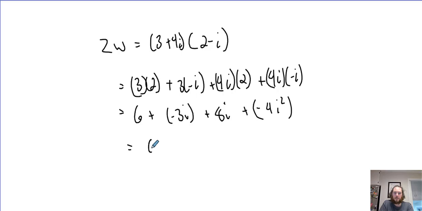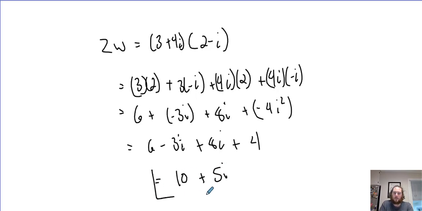Right, so we get 6 minus 3i plus 8i plus, so again, i squared is negative 1, so negative 4 times negative 1 is positive 4. And again, we can combine our real and our imaginary components here. So 6 plus 4 is 10, and negative 3i plus 8i is 5i.